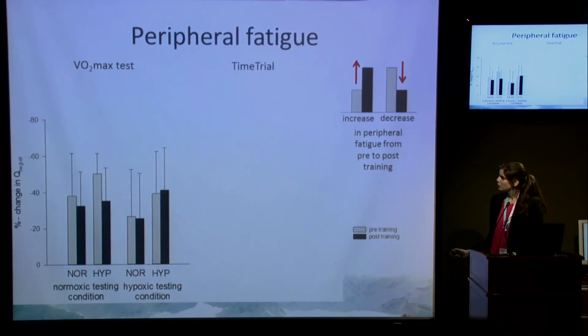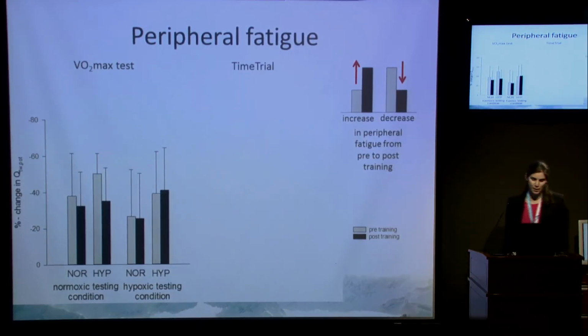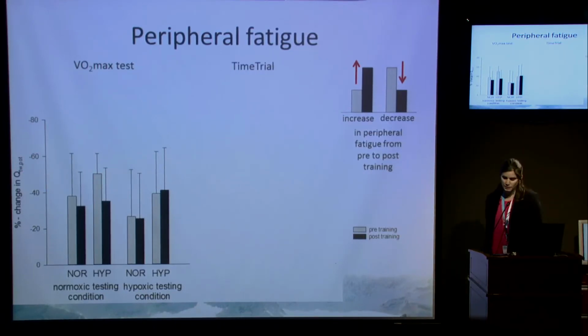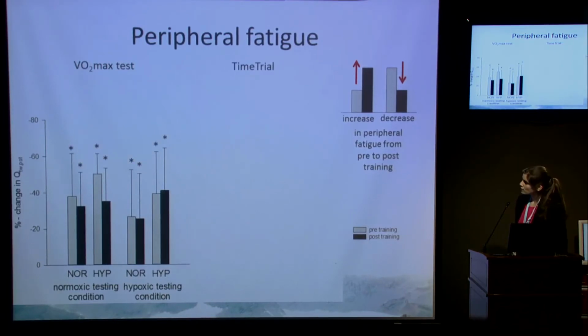On the left, we have the data from the maximal incremental exercise test, the percent change of quadriceps twitch force from pre to post testing. And we see that from pre to post testing, they all significantly fatigued. So they all developed a significant peripheral fatigue.